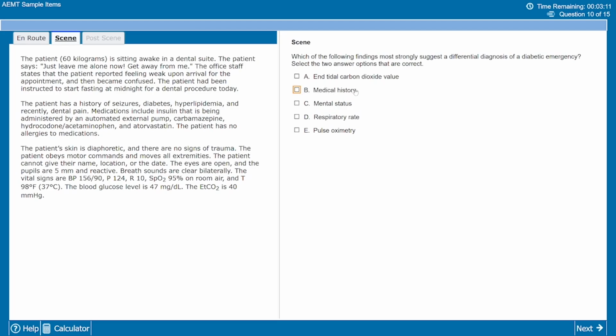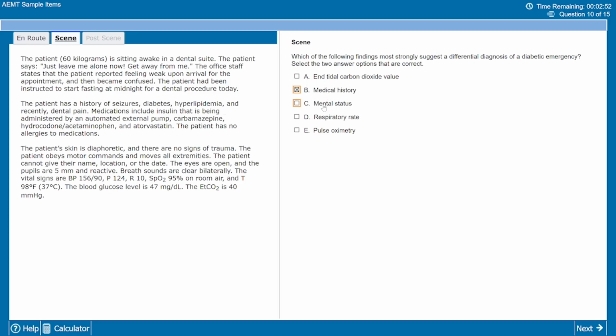We can look at the medical history. Does that strongly suggest that they're potentially having a diabetic emergency? Well, we know that they take insulin. We know that they have an automated pump. So yes, I would say that medical history is a great answer choice.